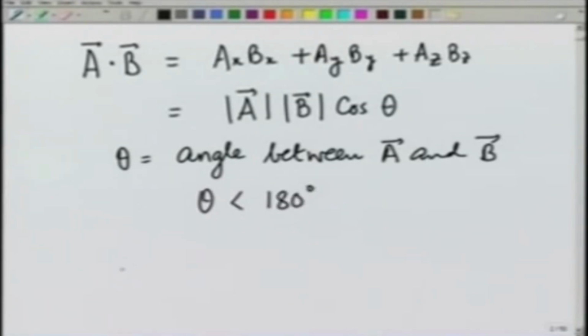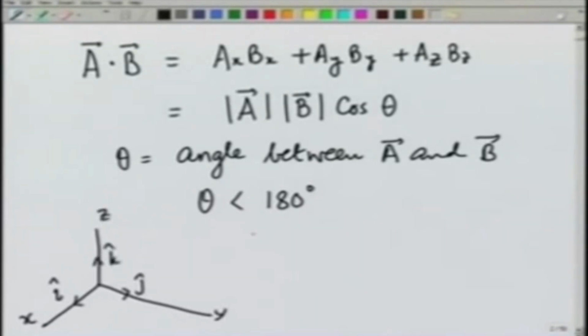In particular, if I look at the unit vectors along x direction, y direction and z direction, we find that i dot i is same as j dot j.